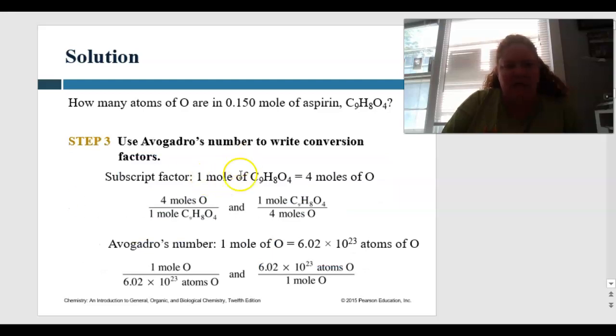So again, 1 mole of C9H8O4 has 4 moles of oxygen. Remember, Avogadro's number is 6.02 times 10 to the 23rd, so you'd set it up with the atoms on top and moles on the bottom so that we can cancel it out.